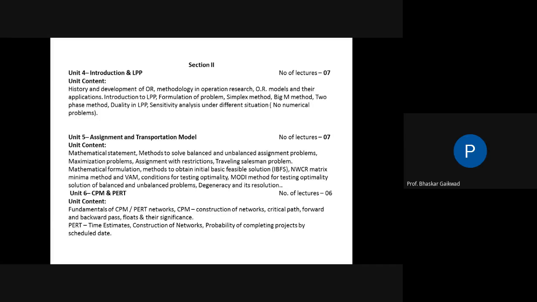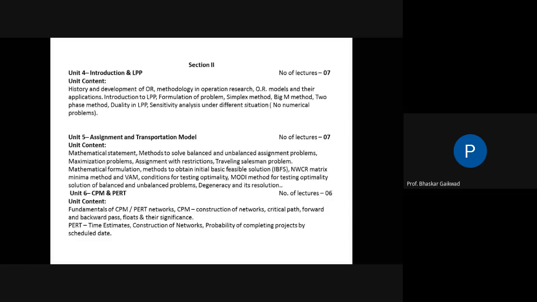Yes, sir. Okay. Now, we have gone through the revisions of the previous lectures, and whatever syllabus is given to us. In that syllabus, chapter number 6 is related to project CPM PERT, means how much time is required to complete the project and which is the best way to complete the project.